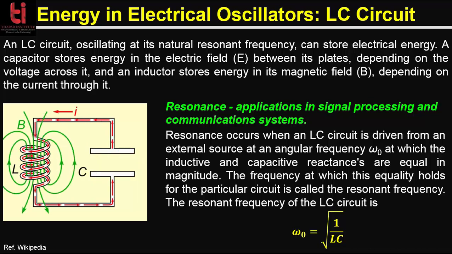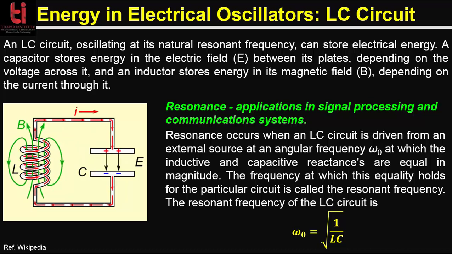And this resonant frequency of the LC circuit we can represent as omega 0, and this is equal to root over 1/(LC), where L is the inductance in henries and C is the capacitance in farads, and the angular frequency omega 0 has units of radians per second. Nevertheless, if you want the equivalent frequency in units of hertz, it is simply omega 0/2π, which is equal to 1/(2π root over LC).